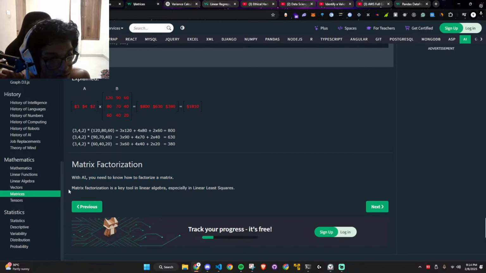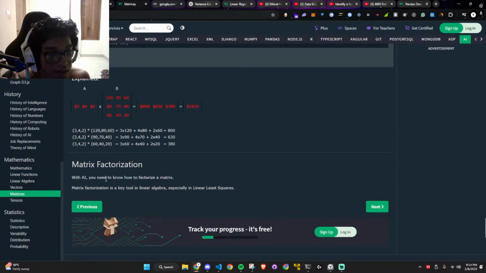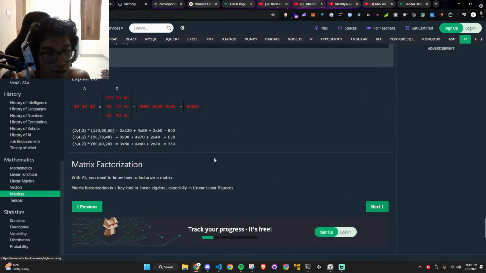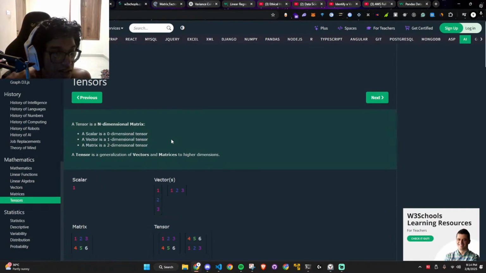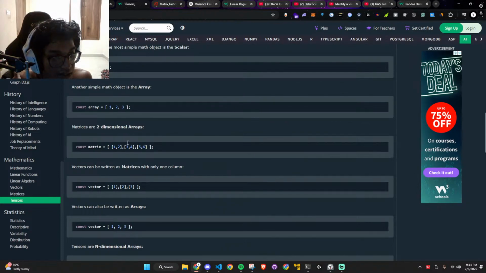Factorize a matrix. Interesting. Okay. Tensors are like the basic way of having these matrices in arrays, isn't it?